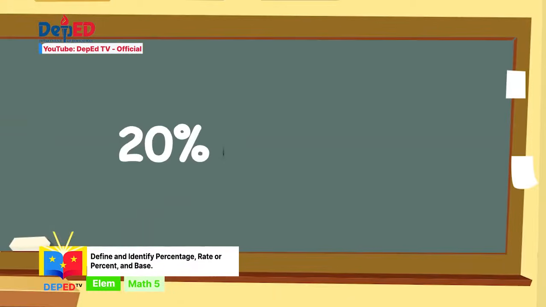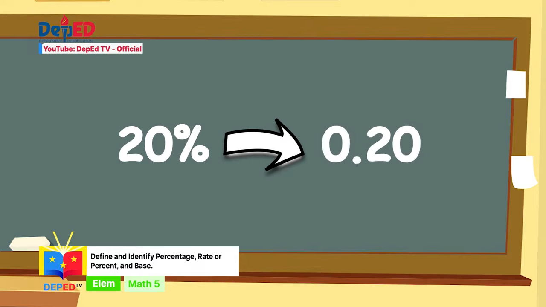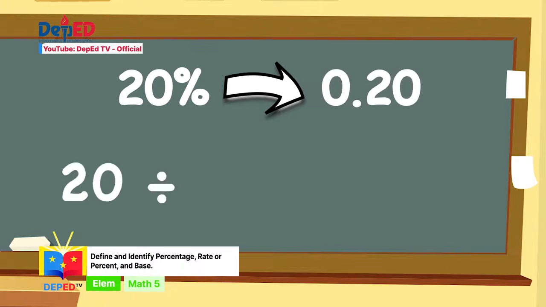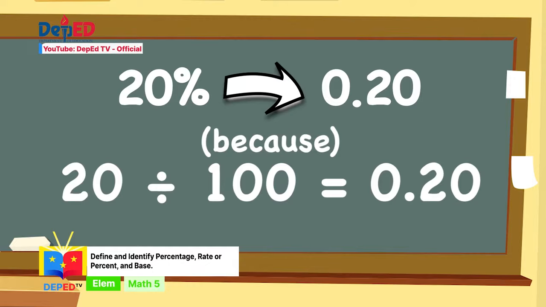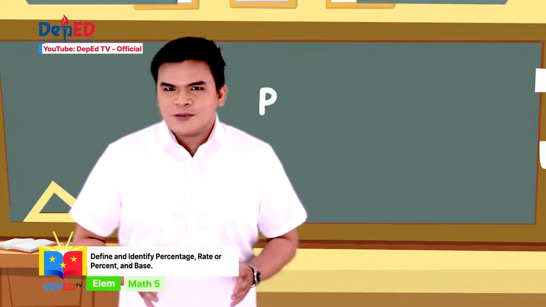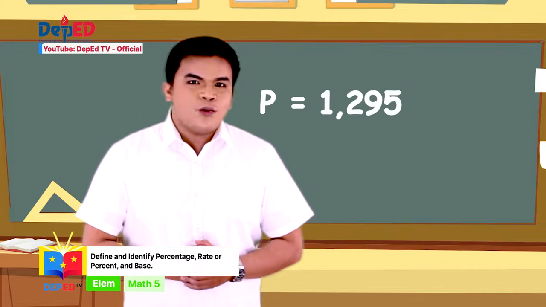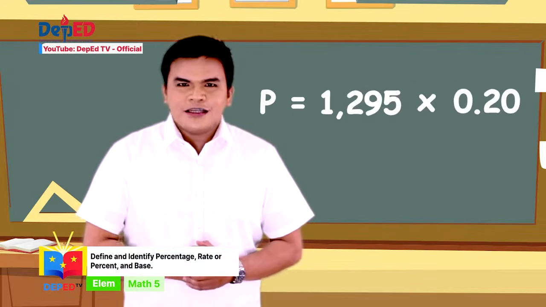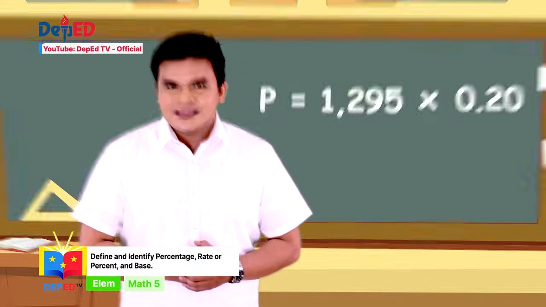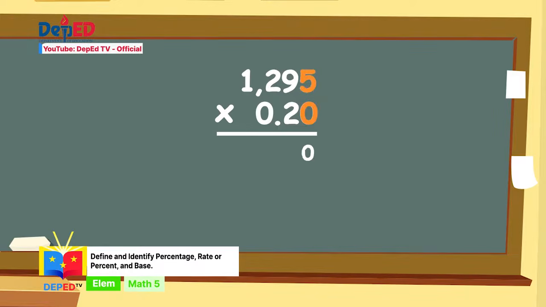So 20% becomes 0.20 or 20 hundredths because 20 divided by 100 is equal to 0.20 or 20 hundredths. Now let's multiply. P equals 1,295 times 20 hundredths. 0 times 5 equals 0. 0 times 9 equals 0. 0 times 2 equals 0, and 0 times 1 equals 0. 2 times 5 is equal to 10.